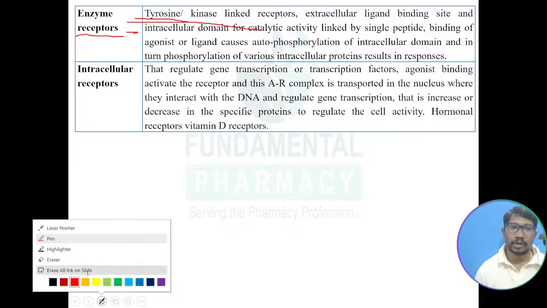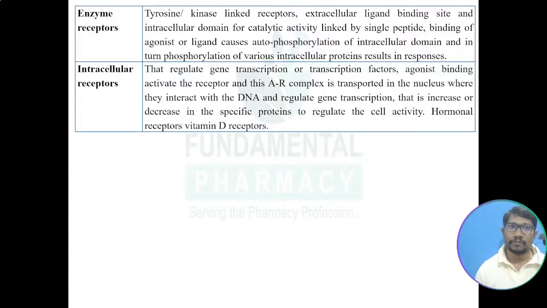A question has come on this: which of the following receptors is associated with the enzyme tyrosine kinase? So it's an enzyme receptor, or tyrosine kinase receptor, or kinase linked receptor.